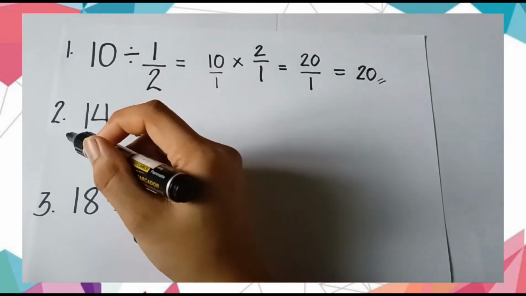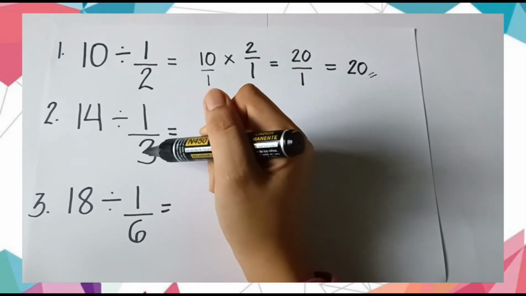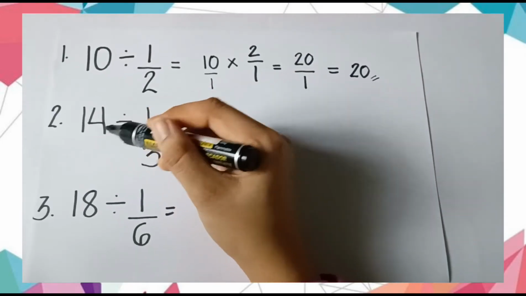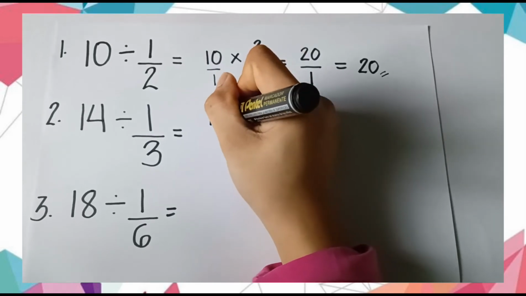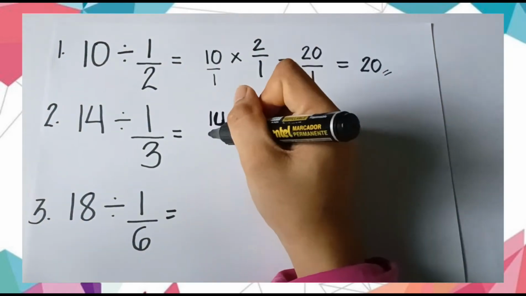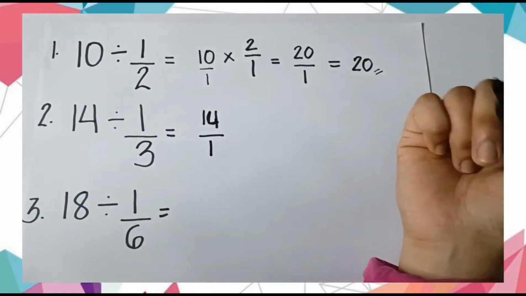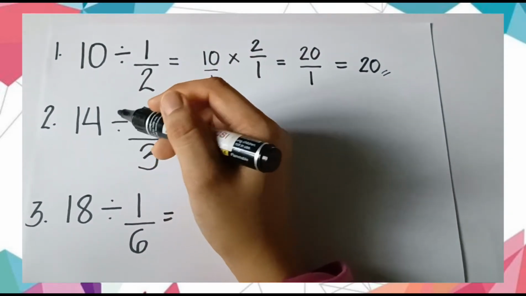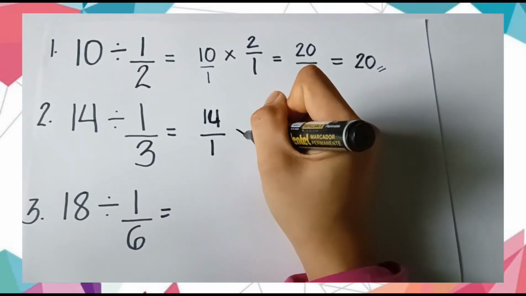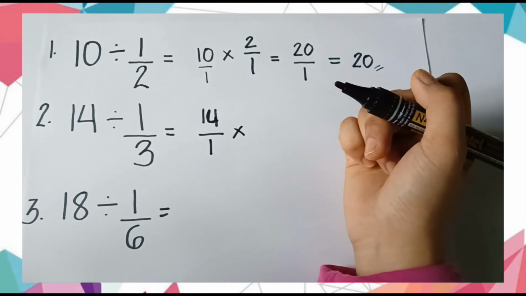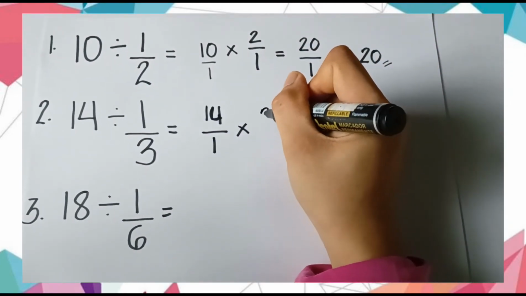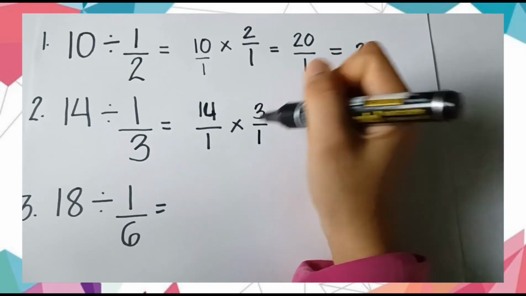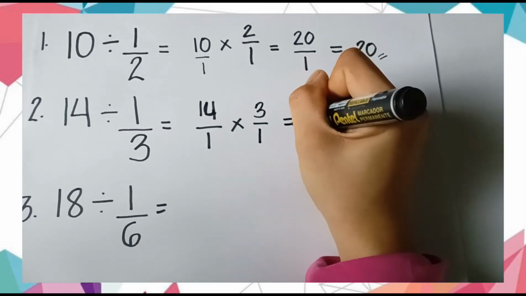Next, number 2. 14 divided by 1/3. Using the KCF method, we keep 14, the first fraction, and over 1, let's give it a denominator which is equal to 1. Then we change the division operation into multiplication, and then we flip 1/3, so it becomes 3/1, or we get the reciprocal of 1/3.